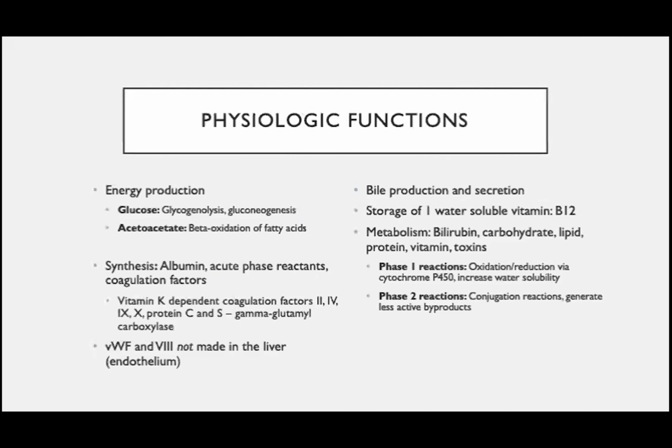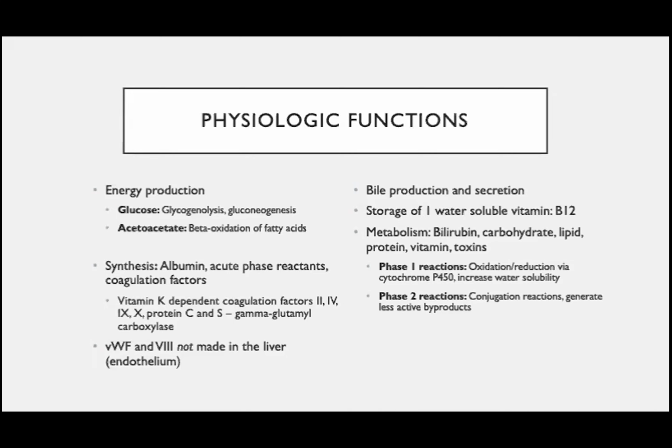Physiologic functions of the liver. So it's responsible for energy production: glucose via glycogenolysis and gluconeogenesis, and it creates acetoacetate by beta oxidation of fatty acids. In terms of synthesis, it creates albumin, acute phase reactants, and coagulation factors, specifically those vitamin K dependent factors like 2, 7, 9, 10, protein C and S, and gamma-glutamyl carboxylase.